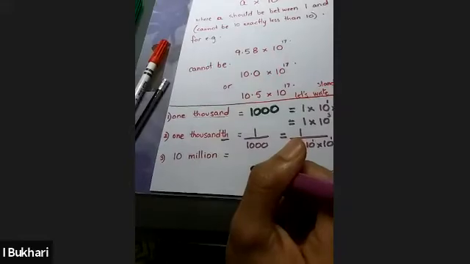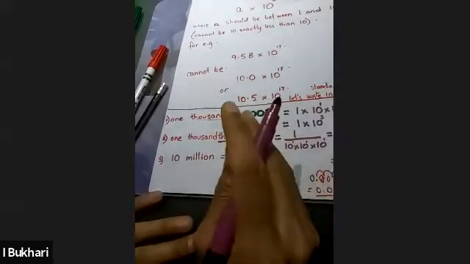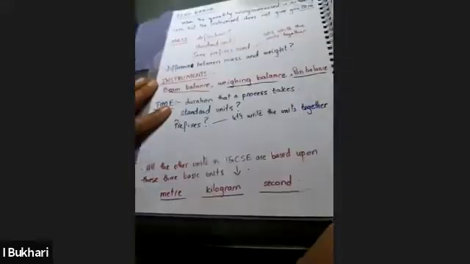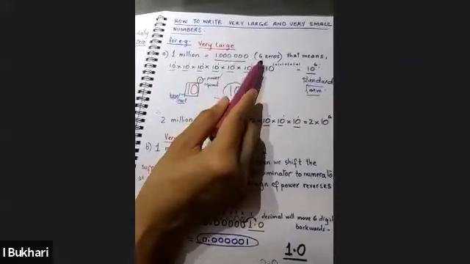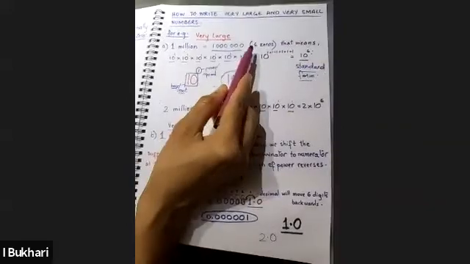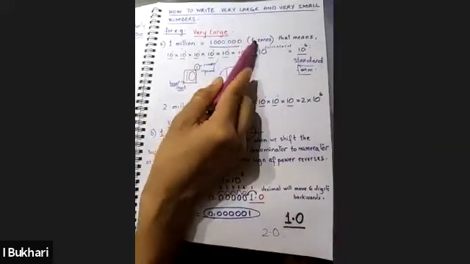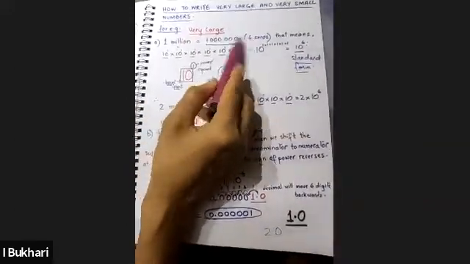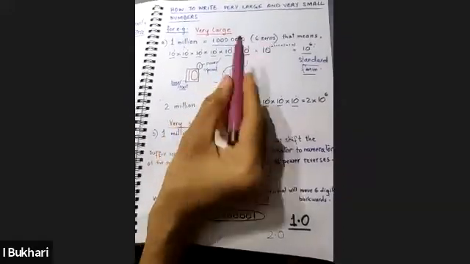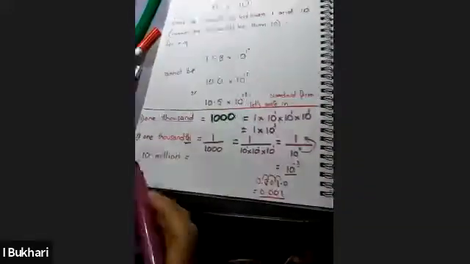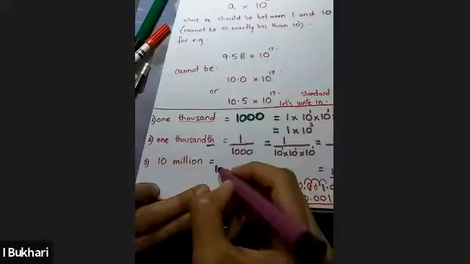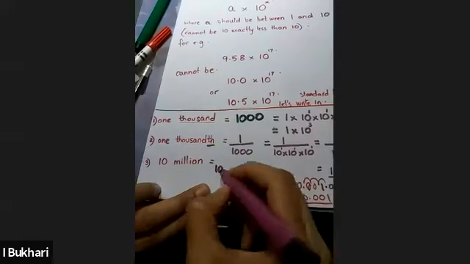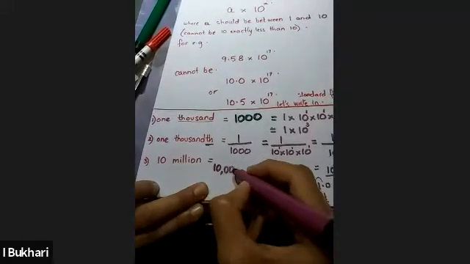Are you sure? Think again. I just told you million means 6 zeros. Remember? So 1 million has 6 zeros. So this is 10 million: 7 zeros. So 1 zero of 10 and then 6 zeros.